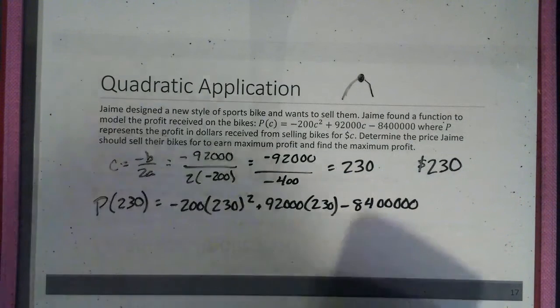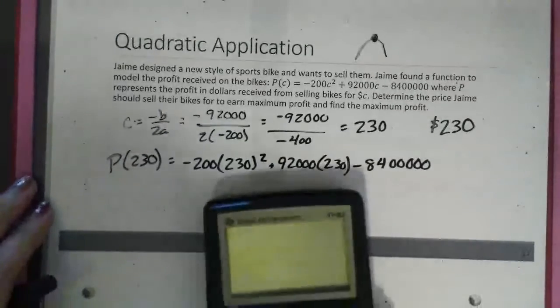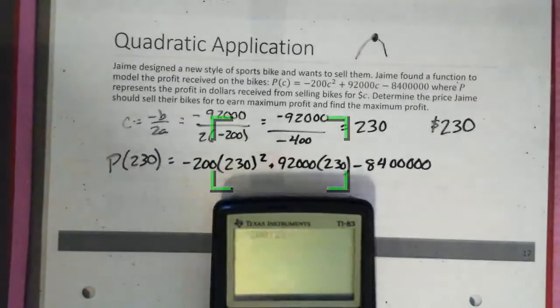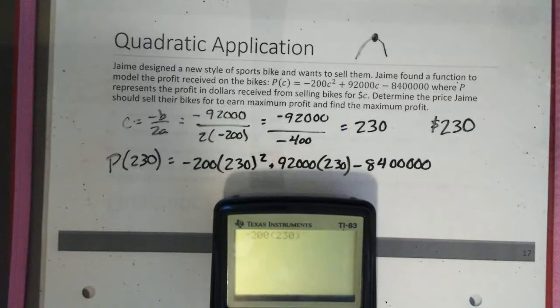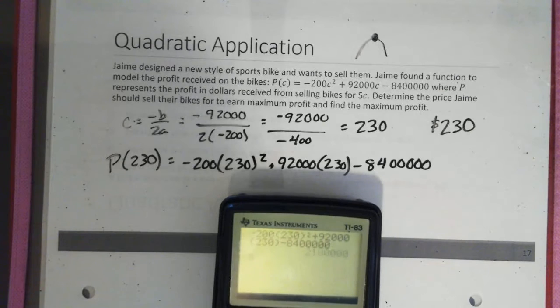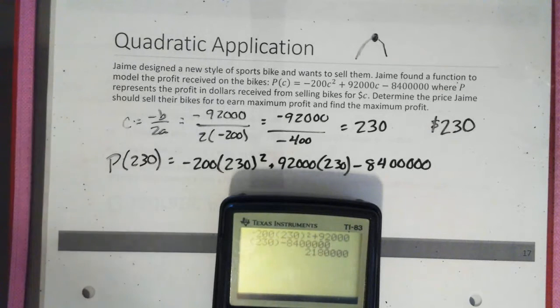All right, my wonderful math brain cannot do that one in my head. So let's see what we got. Negative 200 times 230 squared plus 92,000 times 230 minus 8,400,000. Ooh, that's a big number.